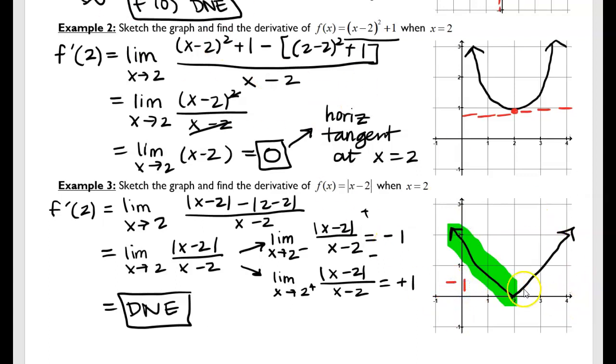If I look at the line on the right, that slope is positive 1. And so at 2, those slopes are not matching up. Since the slopes don't match on the left and the right, my derivative doesn't exist, and I cannot actually draw a tangent line there. So when I have corners like that, I cannot draw tangent lines.